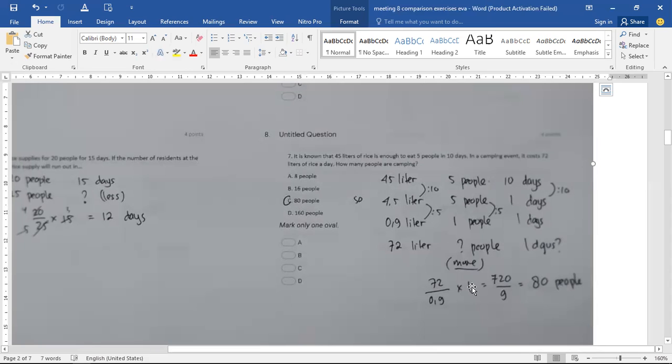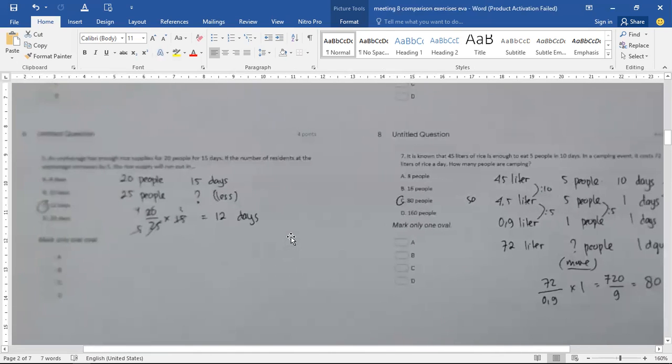If you are confused how to calculate with comma, when you move it right, on top you also need to add 0. So 720 per 9, it is 80 people. So the answer is C.